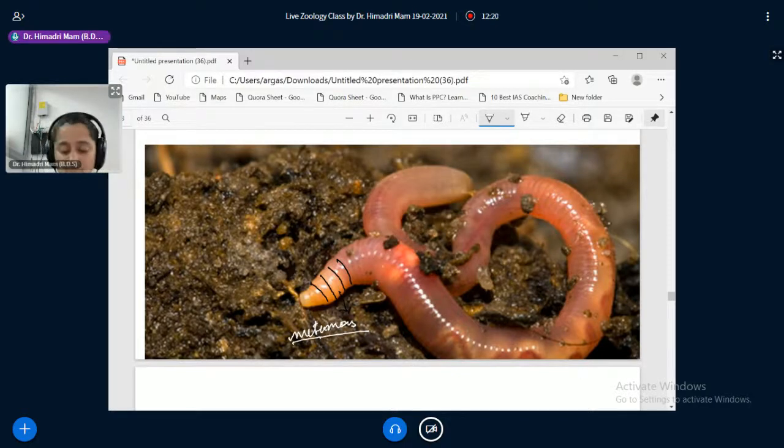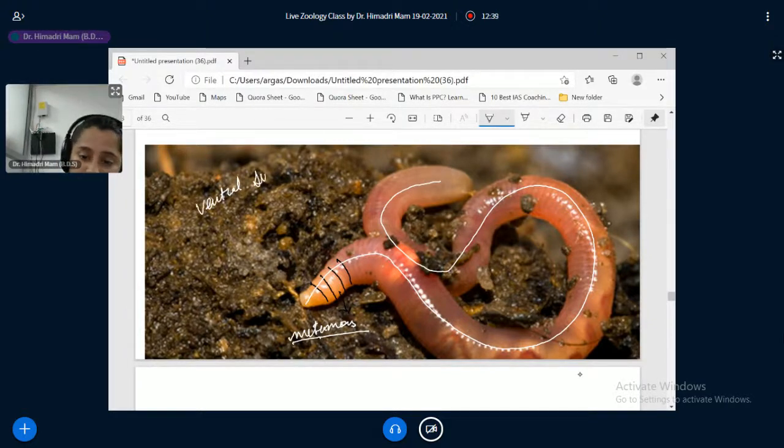Right? Now, the most important thing is the ventral surface. That is the ventral surface, distinguished by the presence of genital pores.